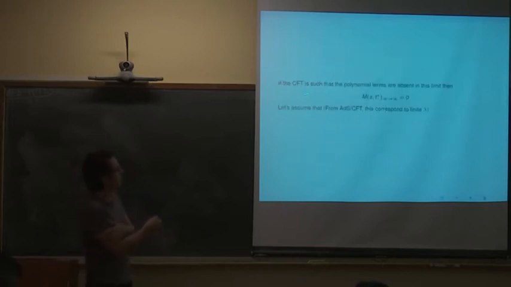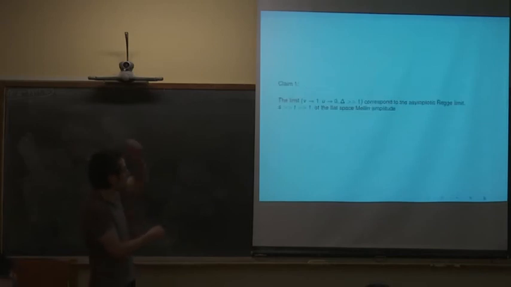So if the CFT is such that the polynomial terms are absent or not important, then this function should have a vanishing large S limit, and I'm going to assume that. In terms of the usual AdS/CFT, this actually corresponds to finite lambda, so at finite coupling this occurs.